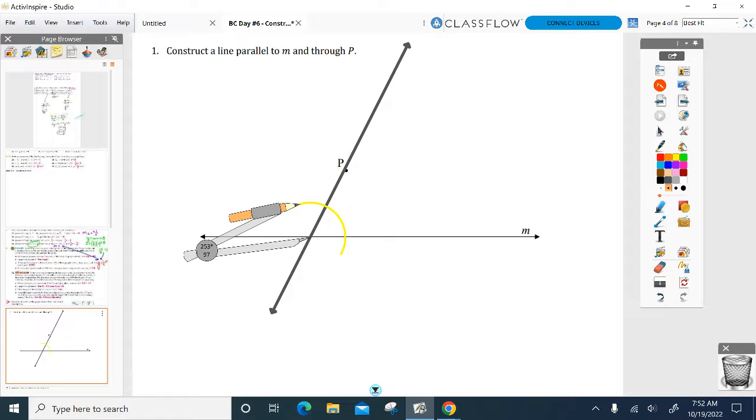Now go up to point P on your ray and do the same arc. And again, don't make these huge. I don't want these arcs to intersect. I just want the compass point on P, make an arc through that ray.